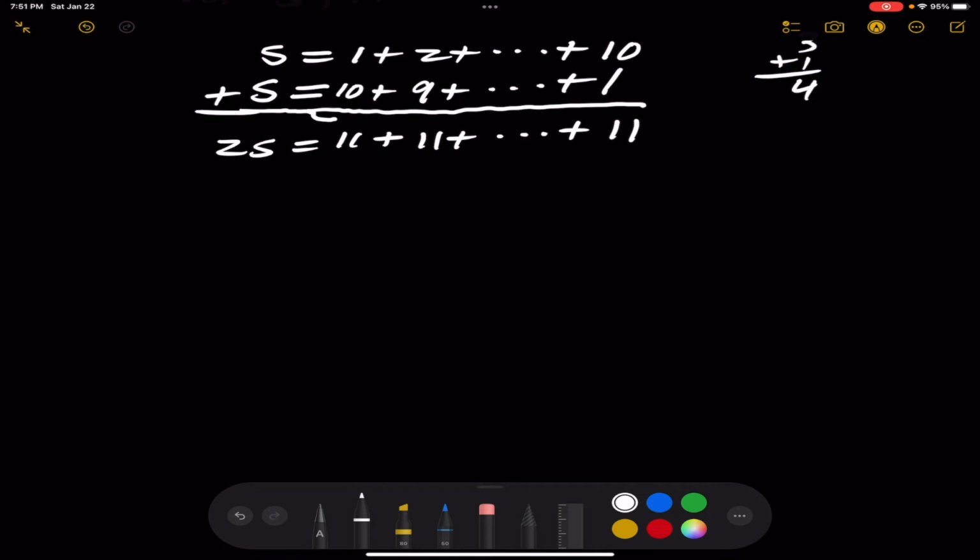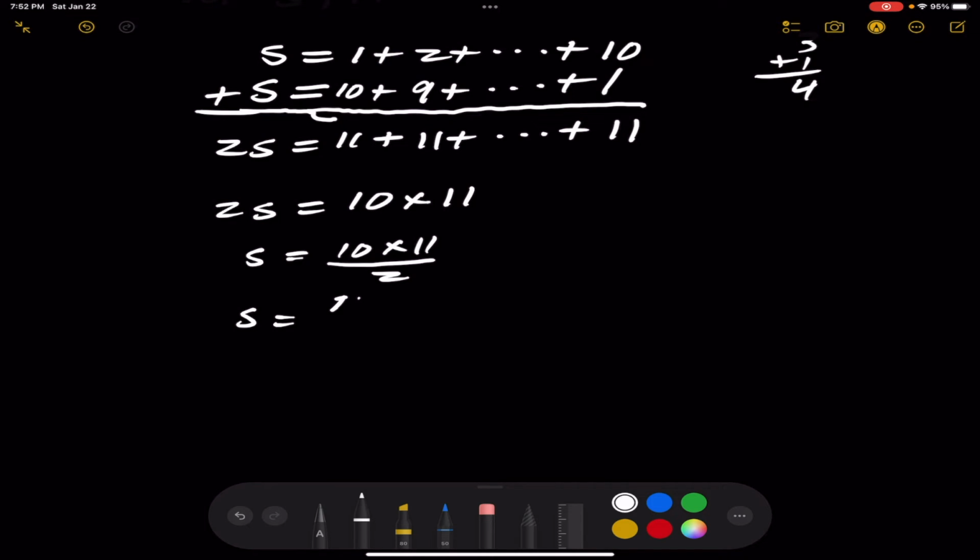So he basically said 2S equals 10 times 11. S equals 10 times 11 over 2. S equals 110 over 2. And S equals 55.